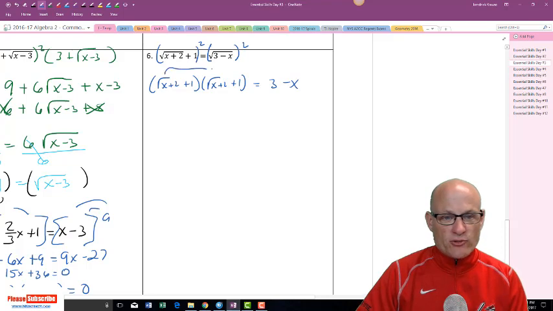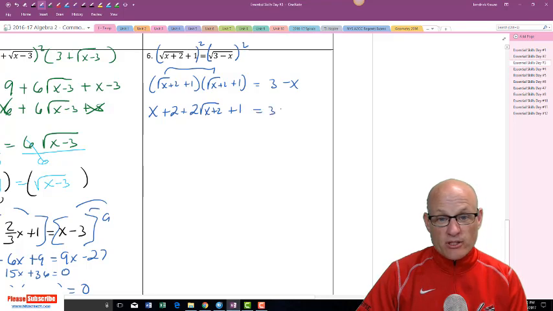So this one, these two just make x plus 2. So plus 1x plus 2 plus 1x plus 2 is plus 2 square roots of x plus 2. Plus 1 equals 3 minus x.